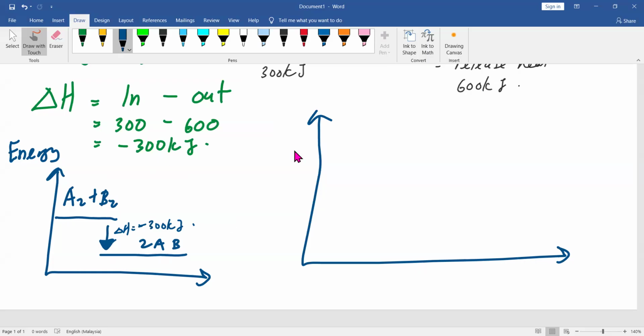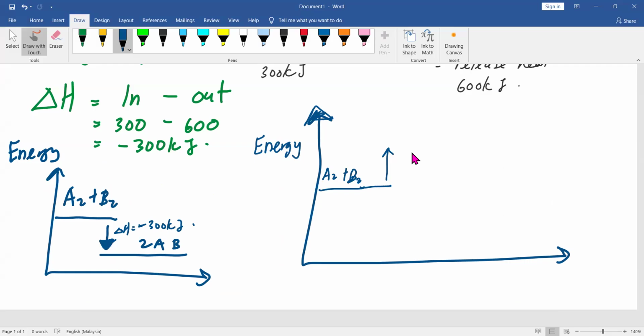Now there's another one where it's more complicated. I start out with A2 plus B2, right? What happens first? First, I absorb energy. How much did I absorb? 300. Now, here's the question. If I did not break the bonds, would the reaction have occurred?